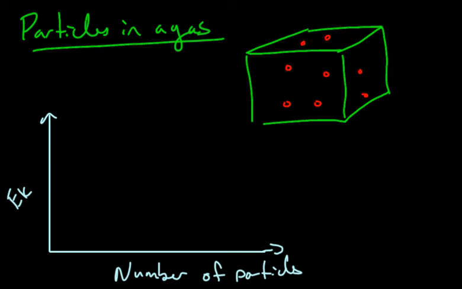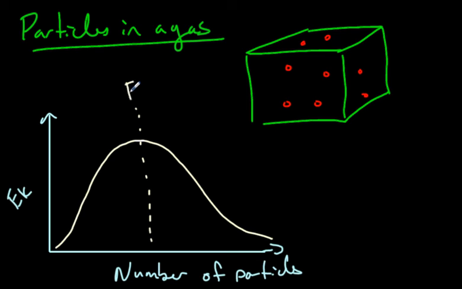If we were able to show this, you would get a distribution that looks something like that. This being the average or the mean of these particle energies. And this is what we are detecting as temperature. It's a direct measure of this mean value.